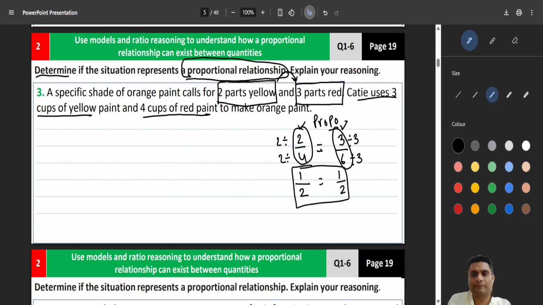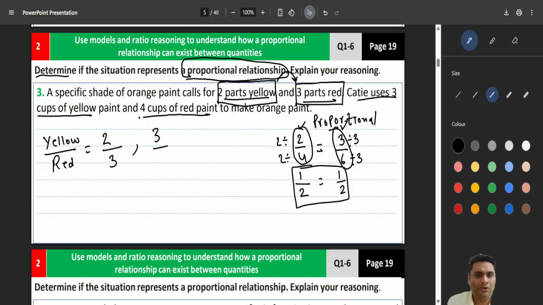So here we are mixing the yellow with the red. If I take the ratio of yellow with the red, what is the first ratio? 2 yellows and 3 reds, correct? And what is the second ratio? Here 3 yellows and 4 red.